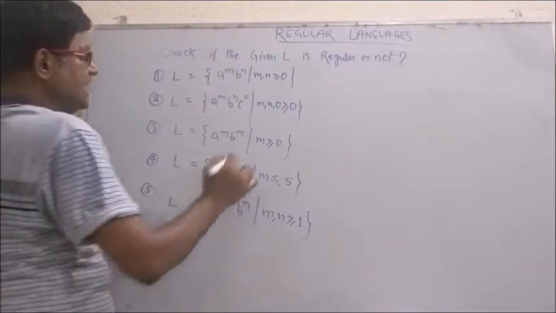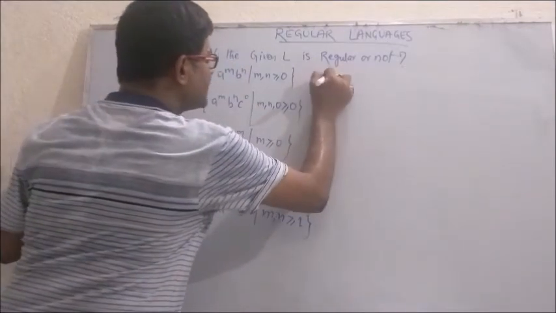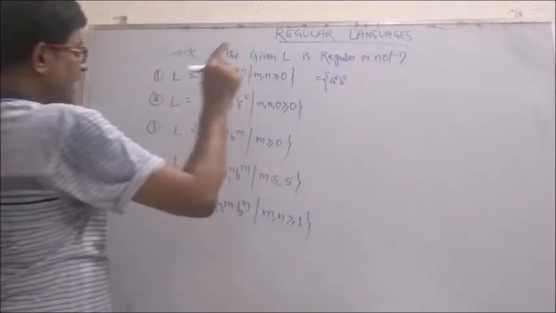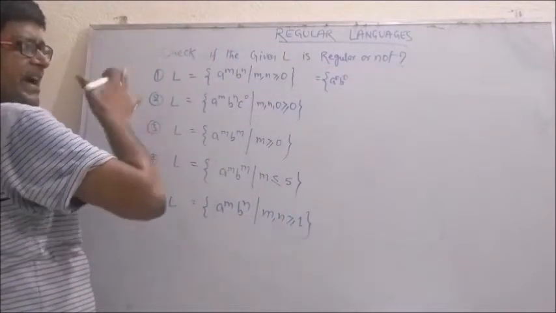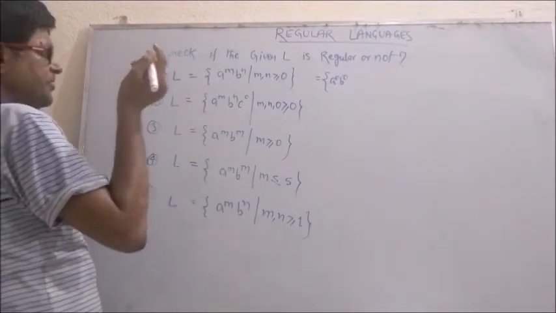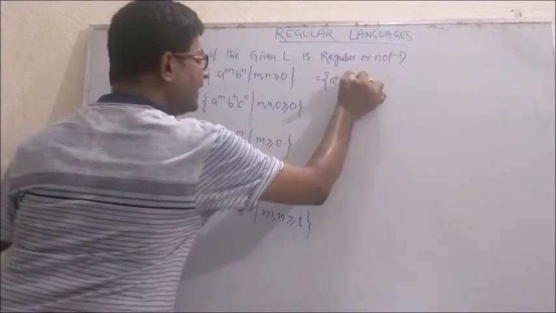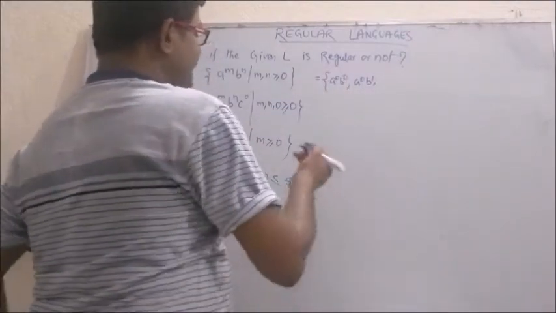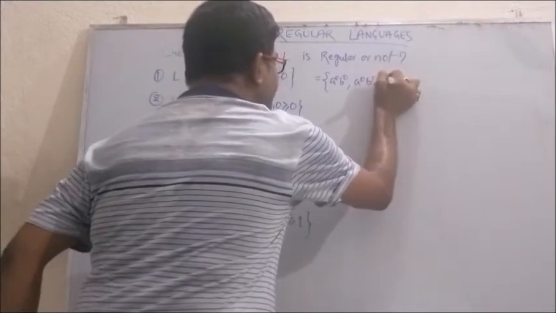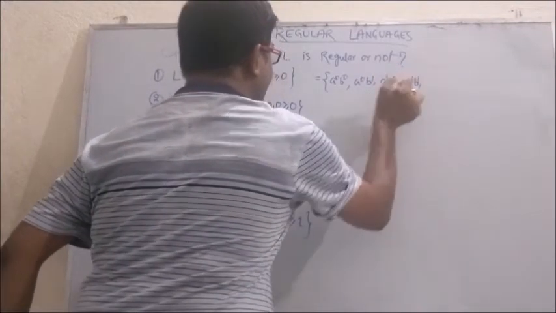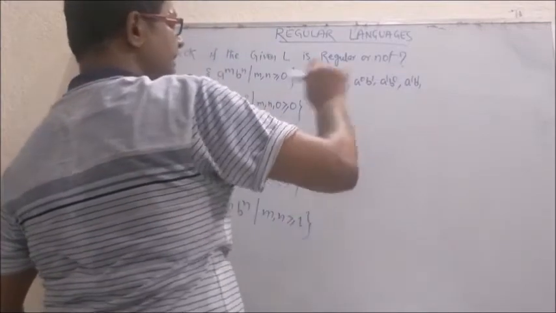So what does it mean? It means the language may start from A0 B0, because I don't have any restriction on M and I don't have any restriction on N. Next A0 B1, next A1 B0, next A1 B1. Now we are getting something.